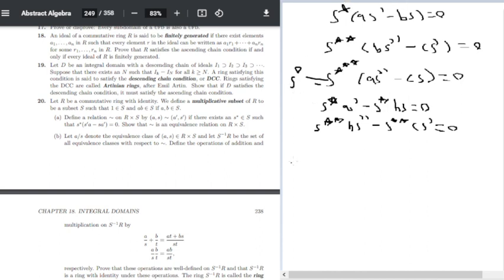So now we have S delta. We want S delta of A S prime prime minus S delta CS equal to 0.